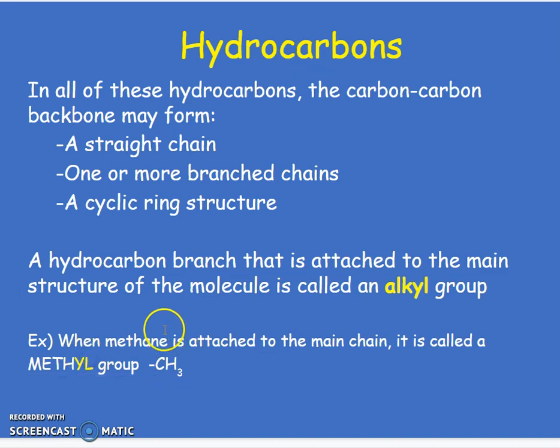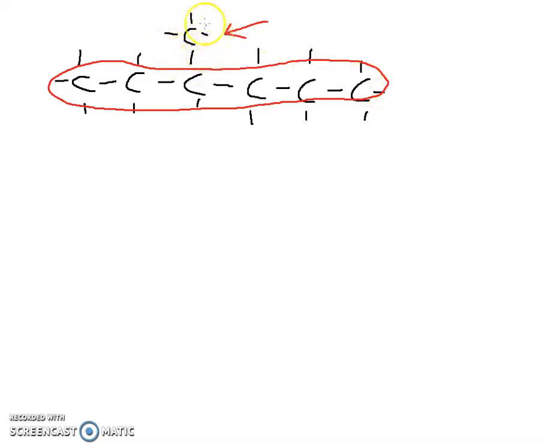So a methane group, 1 carbon, is actually the prefix of meth. So 2 carbons is eth, 1 carbon is meth. If it's a branch, it would actually be called a methyl group. So over here, the one we just drew, this is a methyl because it's a branch that's made up of 1 carbon.